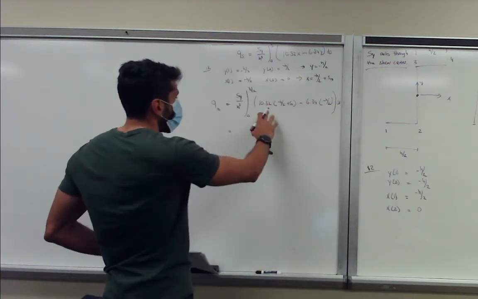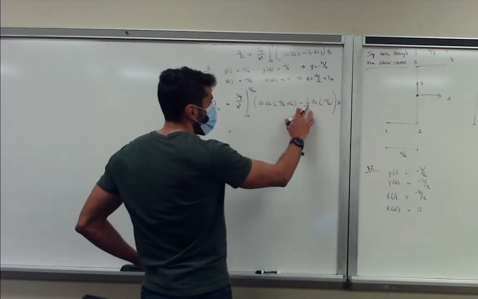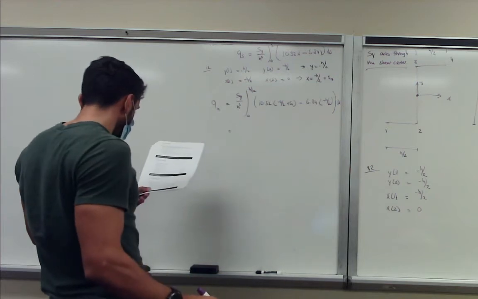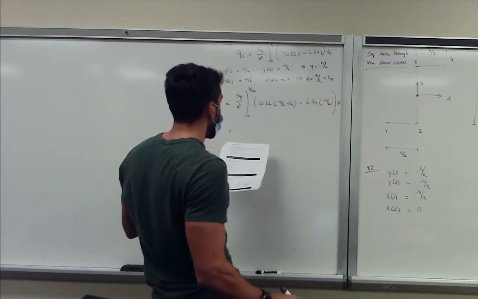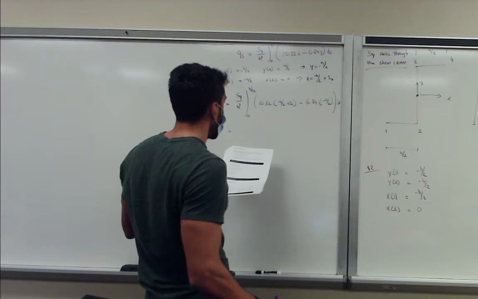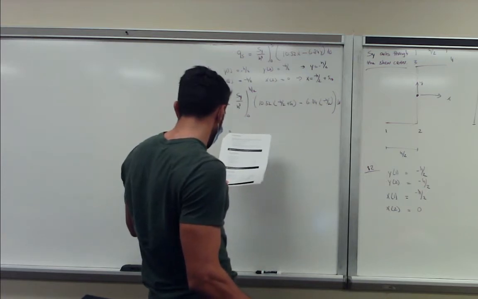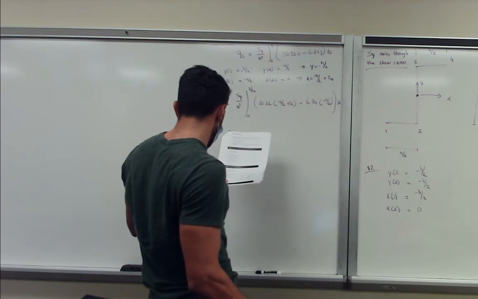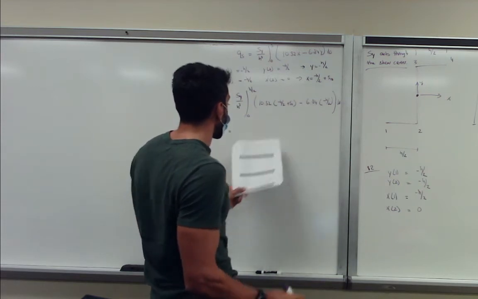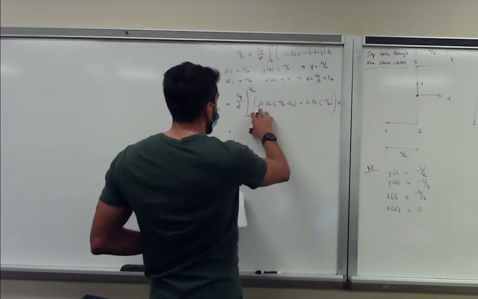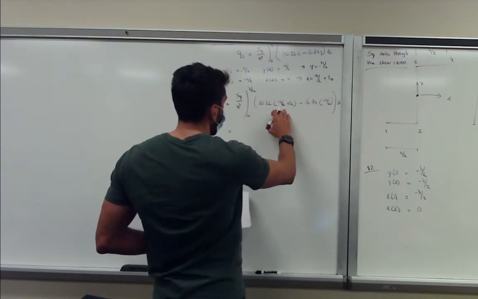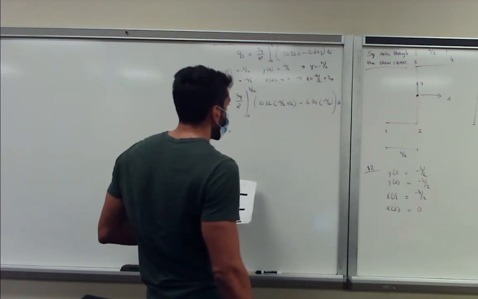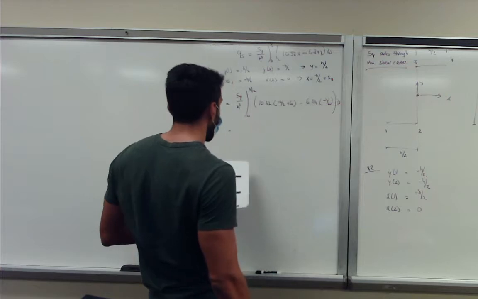So we get negative 10.32 plus 6.84 over 2, so 5.16 minus 3.42, which gives 1.74.